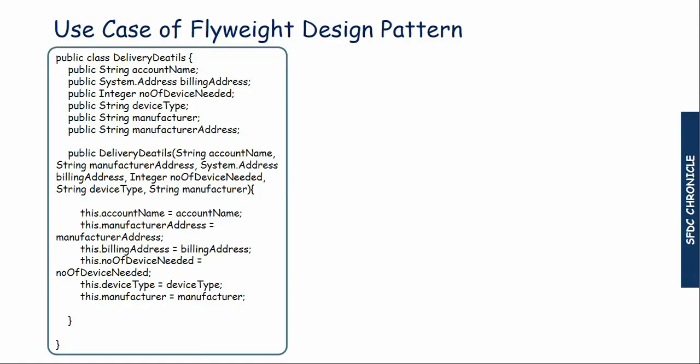So we have a business where we order some items, and delivery details also need to be stored somewhere, and the end user must be able to see delivery details for a particular account.